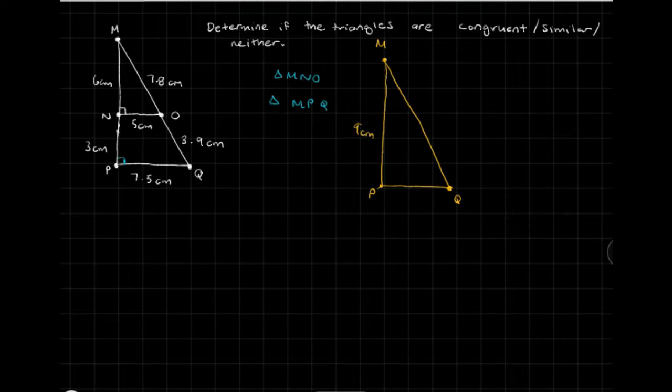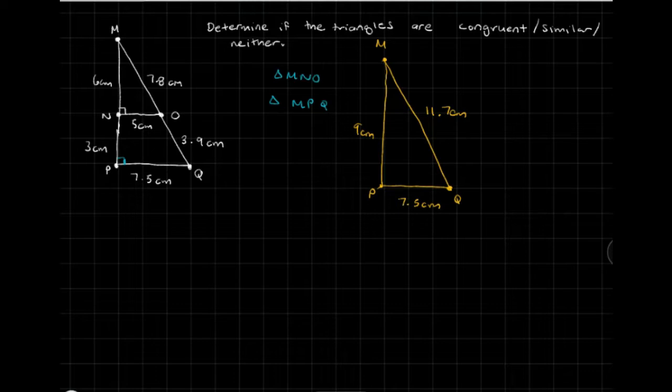PQ should be 7.5 centimeters, and MQ should be a combination of MO plus OQ. If I add 7.8 with 3.9, I get basically 11.7. Just going to double check that. Yes, it's 11.7. So these are our side lengths.